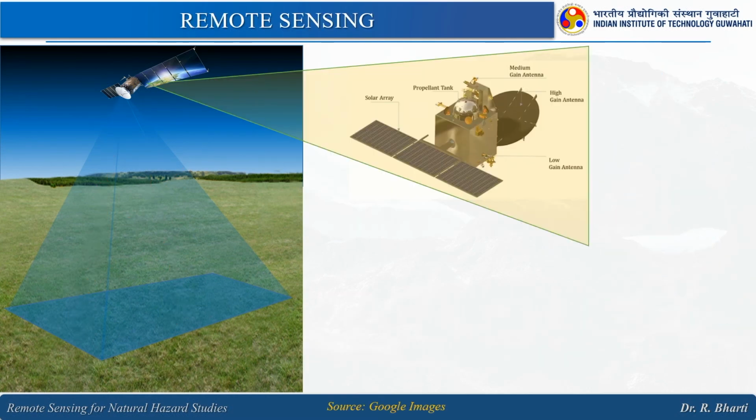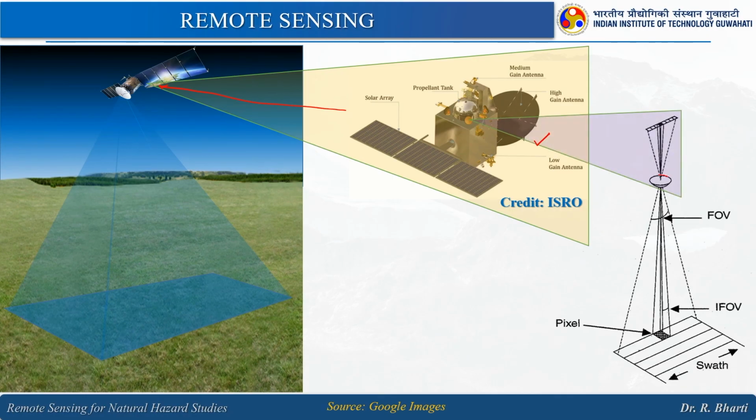So when we talk about data acquisition, here you see this particular satellite. Remember, a satellite is a carrier, and this carrier has many sensors, and one of them is attached here, looking at the ground. This sensor has this kind of arrangement.